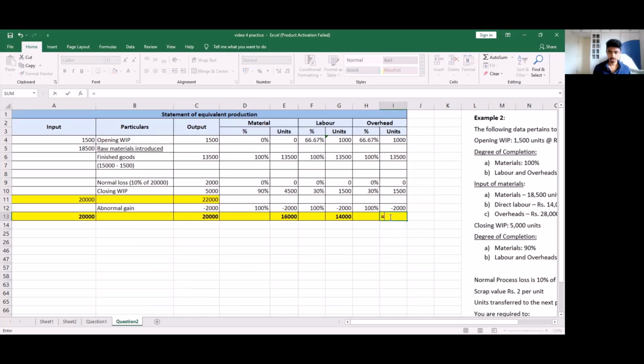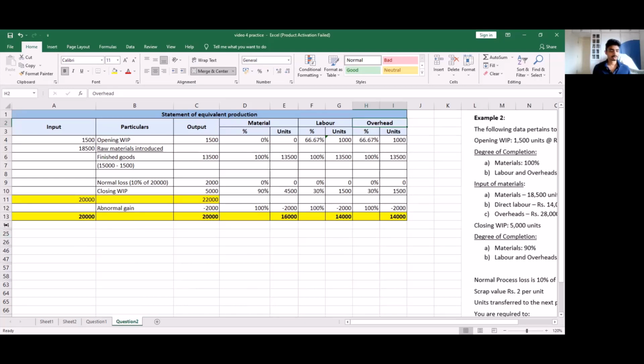And finally, for overheads, we get a sum of 14,000. So if you notice, our abnormal gain is a negative figure. So this will get subtracted. So our equivalent production for materials is 16,000. And for labor and overheads, our equivalent production is 14,000.